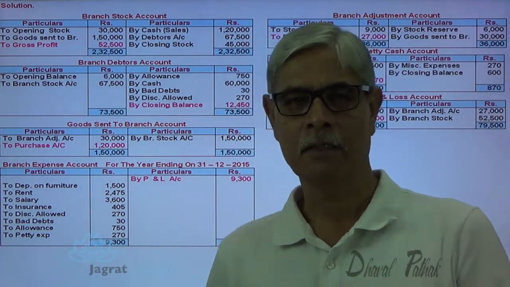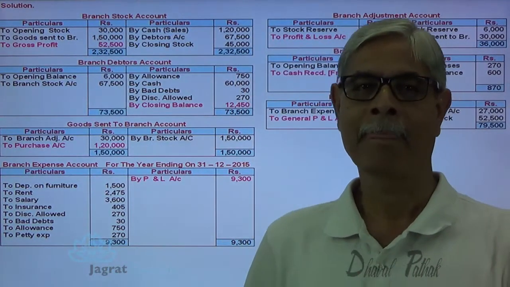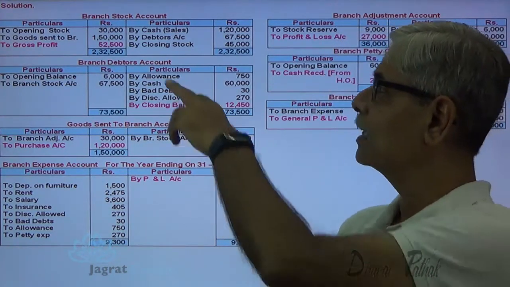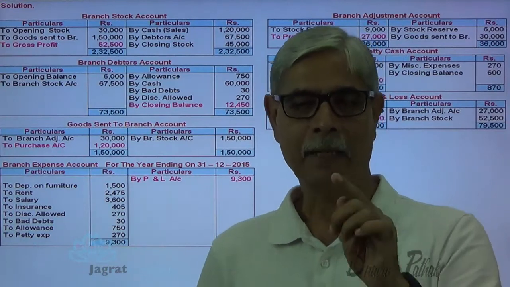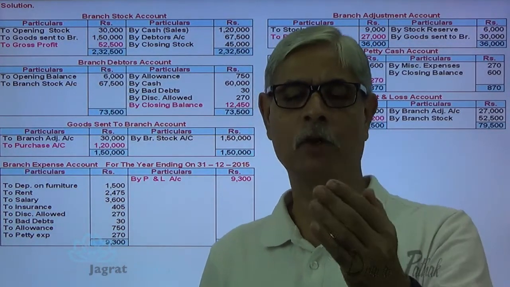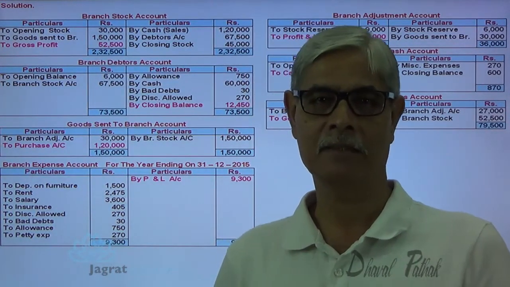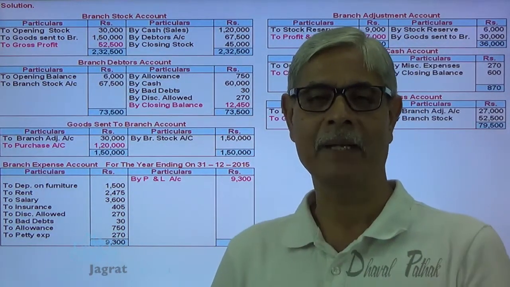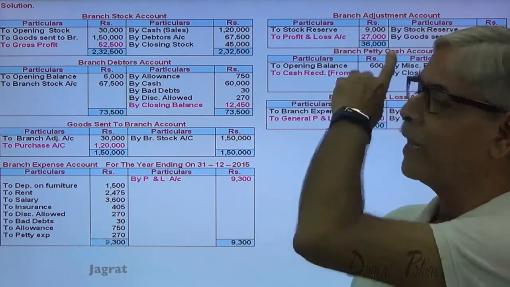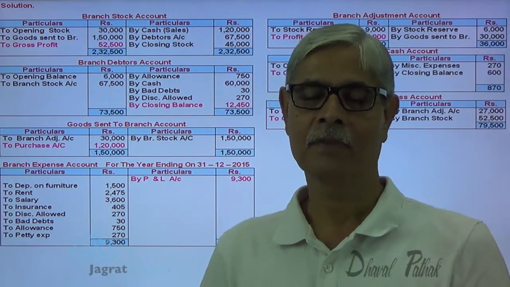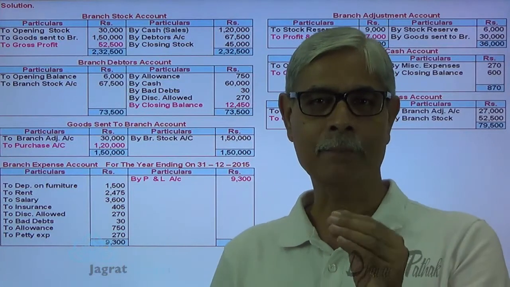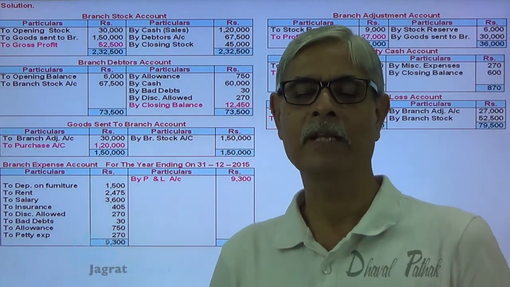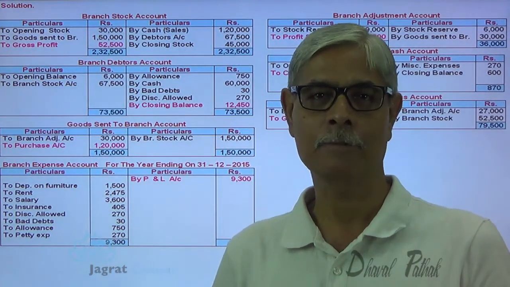Now let me tell you a few more things with reference to this. Whenever the goods are sold by a branch manager above the invoice price or less than the invoice price, for that you can write adjustment entries to the adjustment account. That can be done, and that point is addressed in the markup account that you prepare in departmental accounts.